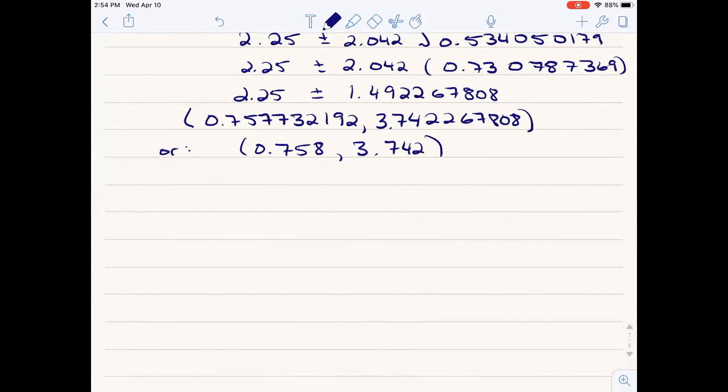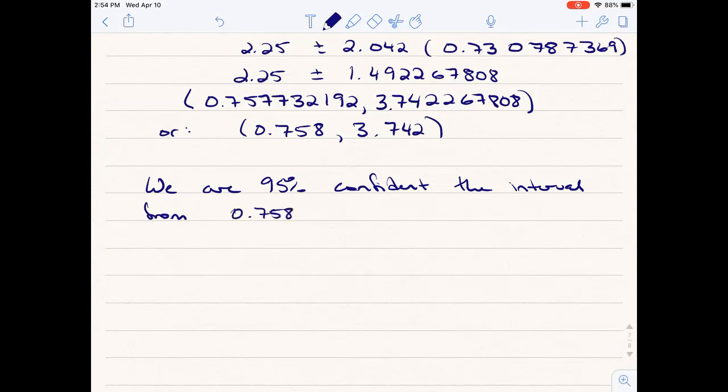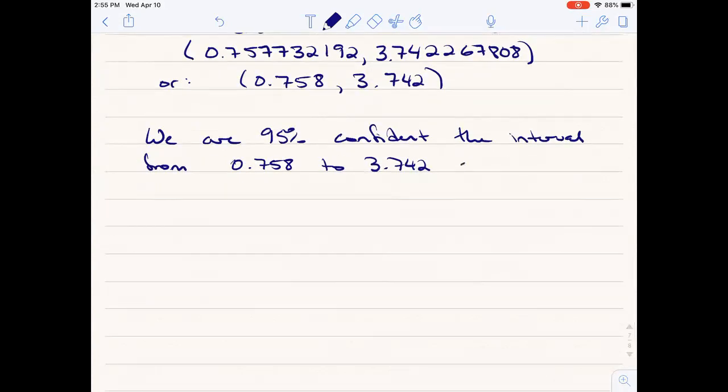Now it's time to interpret this interval, right? So again, we are 95% confident the interval from 0.758 to 3.742 captures the difference.